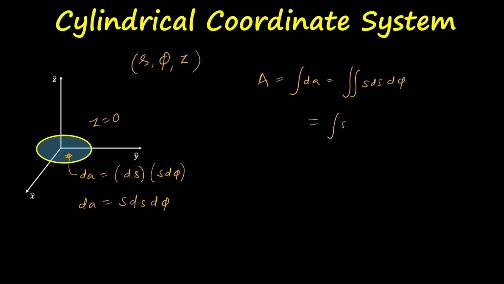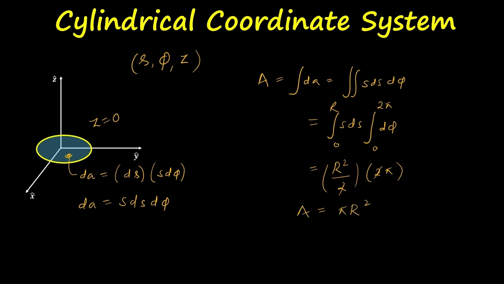For s it will vary from 0 to r, and for phi from 0 to 2 pi. If we integrate this, we get r squared by 2 and 2 pi. The 2 cancels out and we get pi r square, which is nothing but the area of the circle.